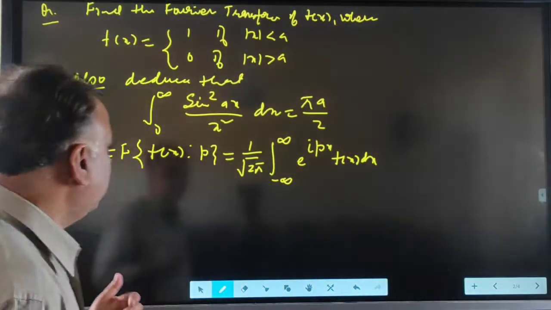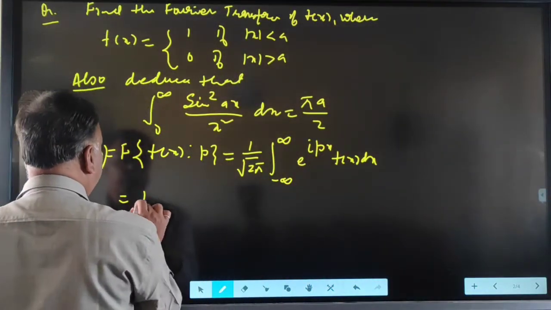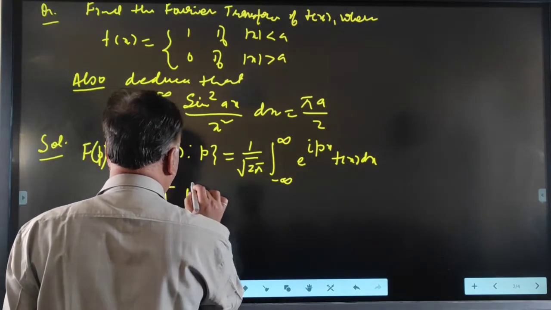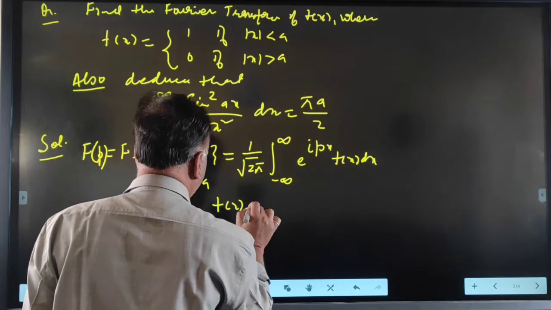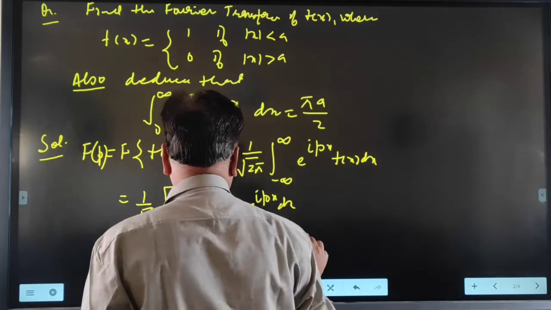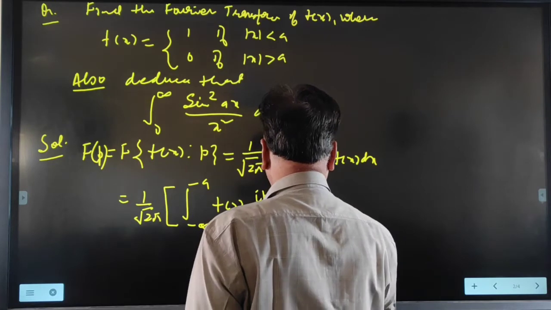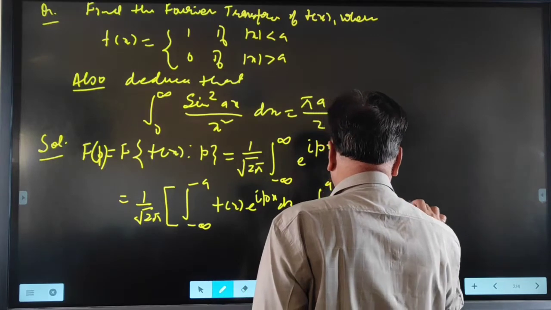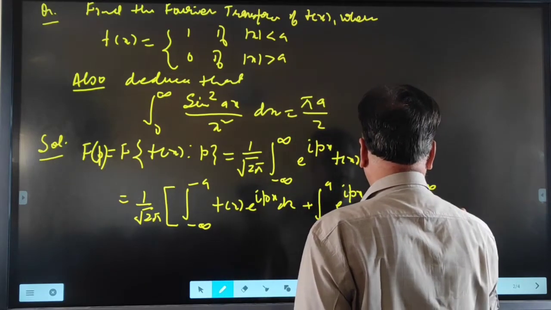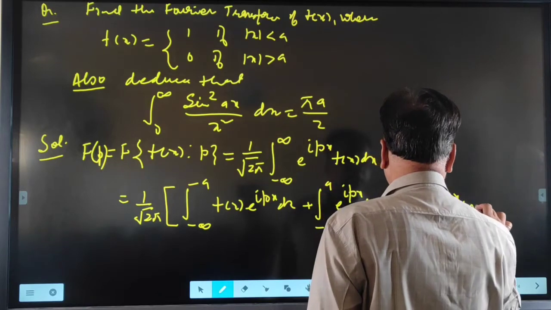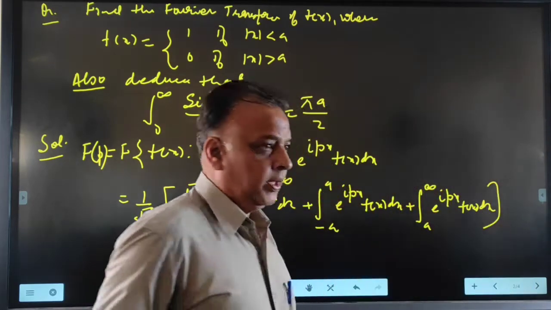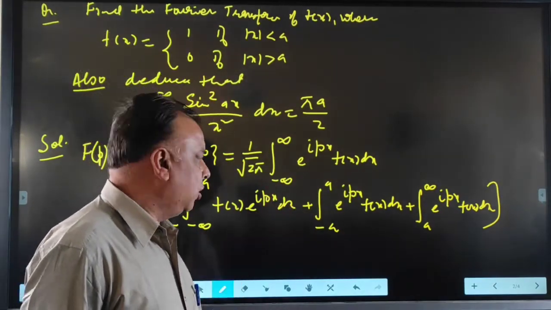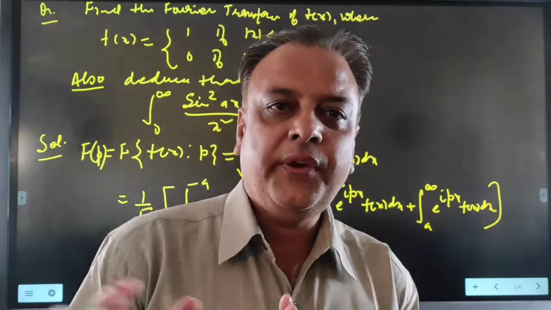So we break this integral, we get 1 upon root 2 pi integral minus infinity to minus a f(x) e raised to iota px dx plus integral minus a to plus a e raised to iota px f(x) dx plus the third one, a to infinity e raised to iota px f(x) dx. As by the definition of the given function, the value of the function is 0 when mod of x is greater than a.